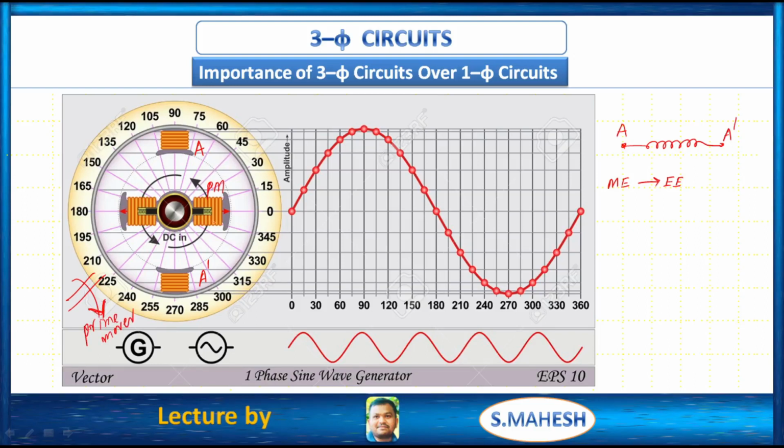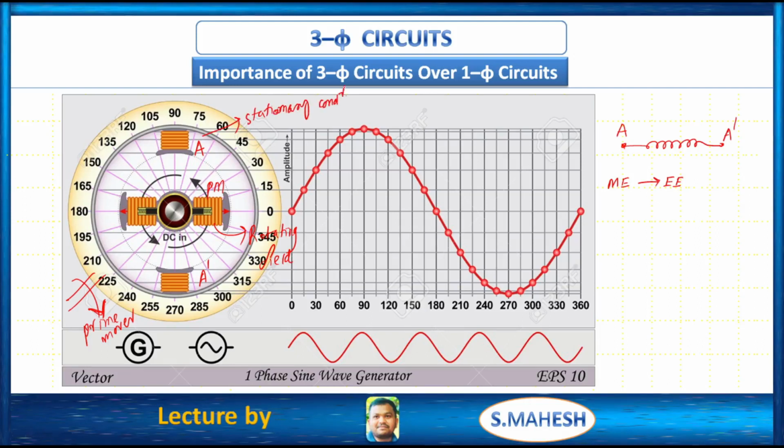So this permanent magnet is nothing but the rotating one. That is, the field is rotating. Rotating field. This conductor is stationary.